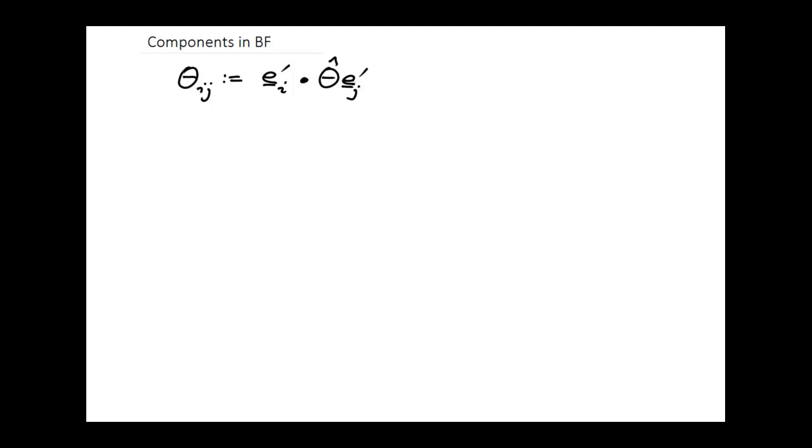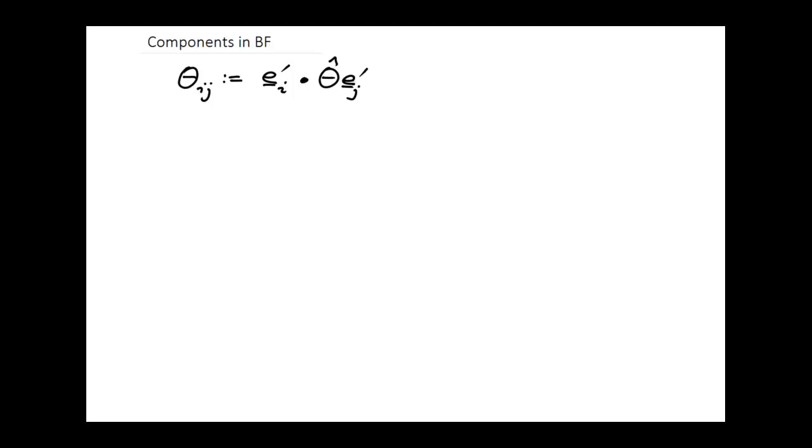So we have an abstract linear operator, and we apply it to a basis vector, and then take the scalar product with some other basis vector, the same basis, and in this way we get the component.